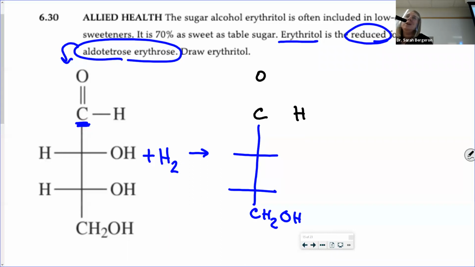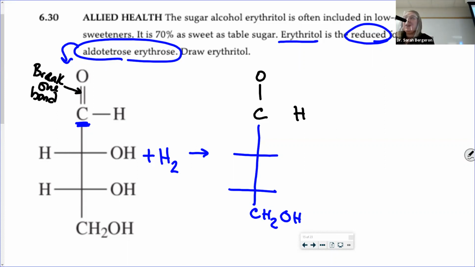So what happens when we add hydrogen? We're going to break one of these double bonds. So we're going to break one bond. So I'm going to end up with only one bond connecting my carbon and my oxygen. But is carbon happy? Why not?